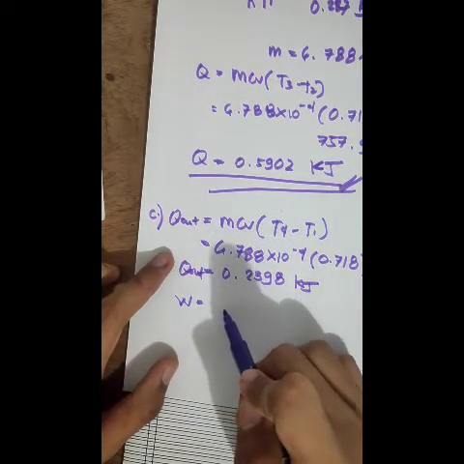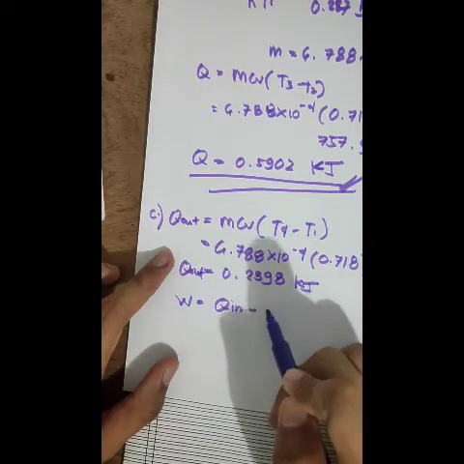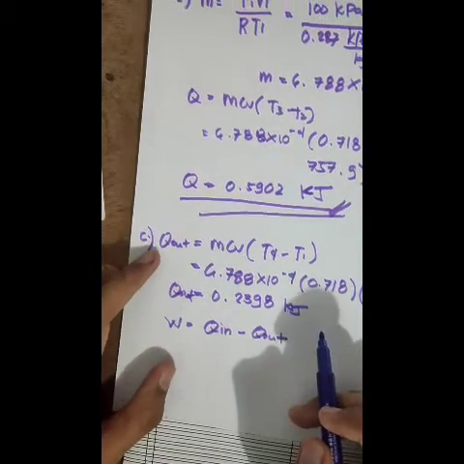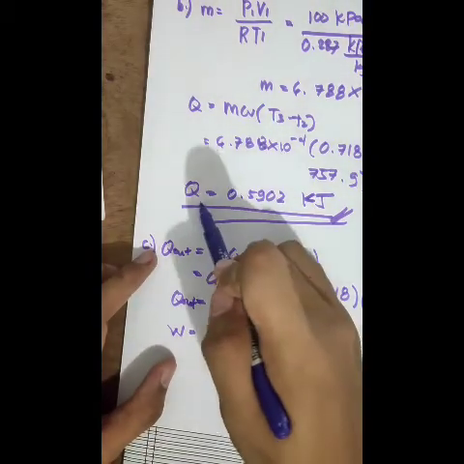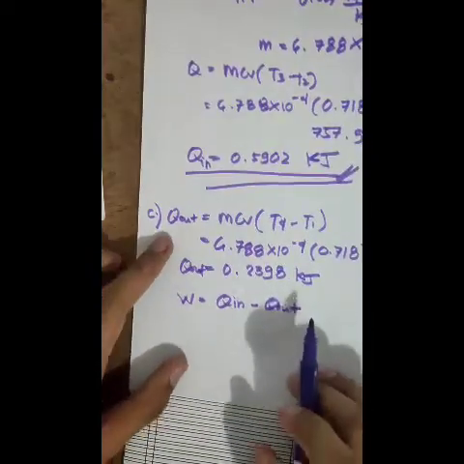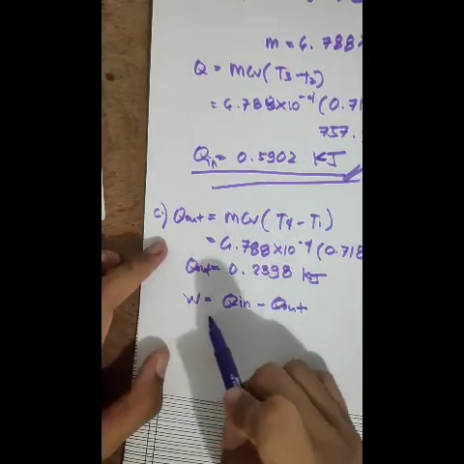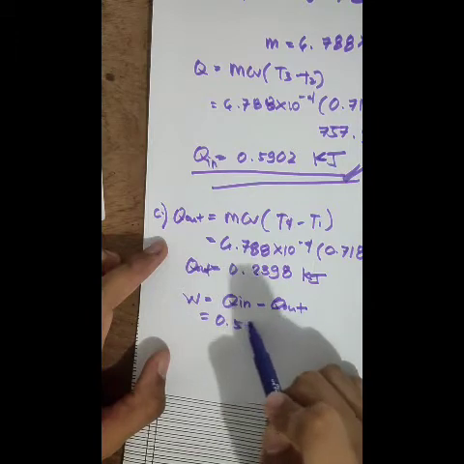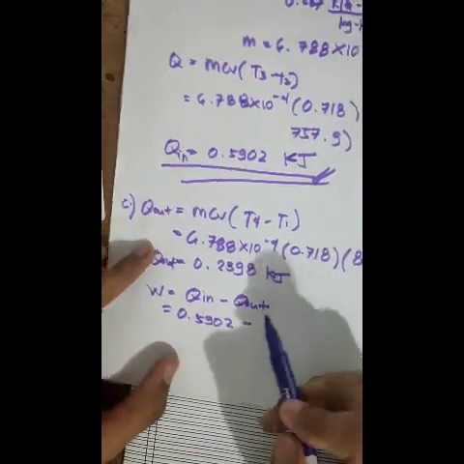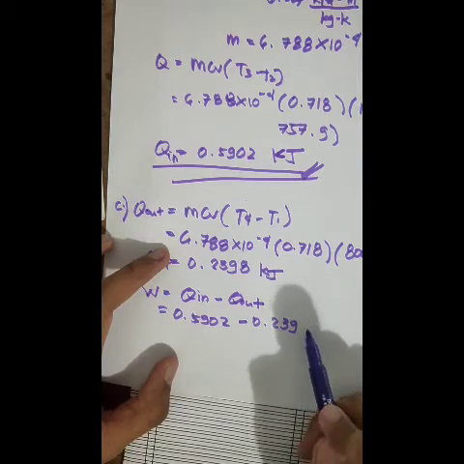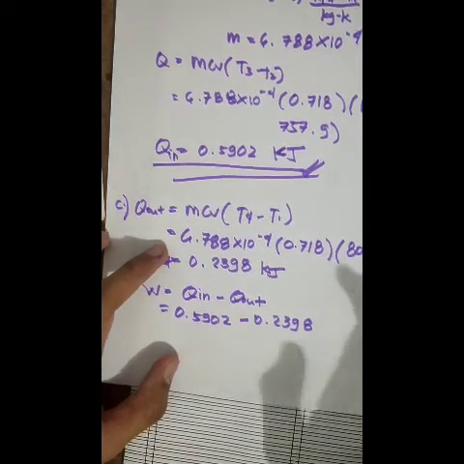So for finding the work, because it will be needed in finding the thermal efficiency, work is equal to Q in minus Q out. So the Q in is equal to 0.5902 minus Q out 0.2398 kilojoule.